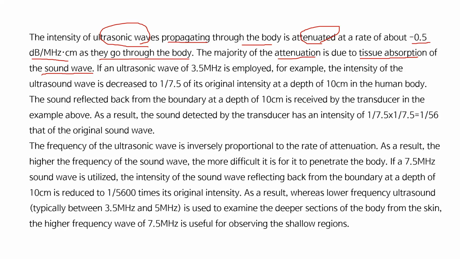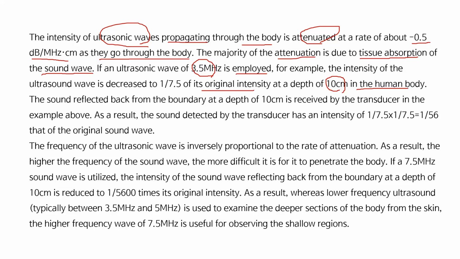If an ultrasonic wave of 3.5 megahertz is employed, for example, the intensity of the ultrasound wave is decreased to 1 over 7.5 of its original intensity at the depth of 10 centimeters in the human body.